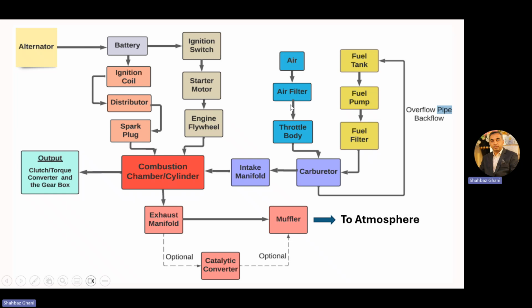From the air filter, it's cleaned and then it goes to the throttle body and then to the carburetor of old conventional vehicles. And in the carburetor, the air and fuel mixture is made in appropriate ratio and then goes to the intake manifold. From that intake manifold, the air fuel mixture goes to the combustion chamber or the cylinder.